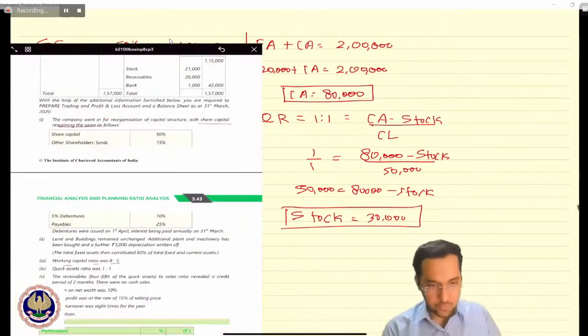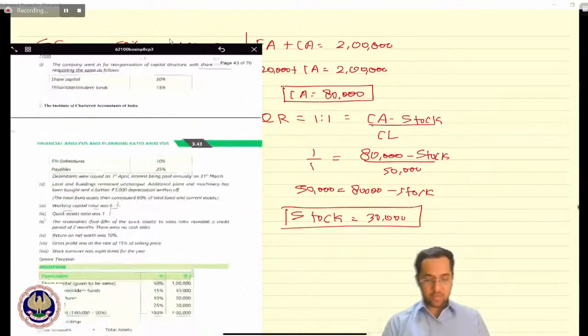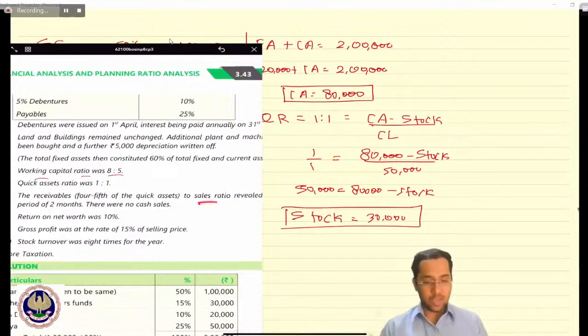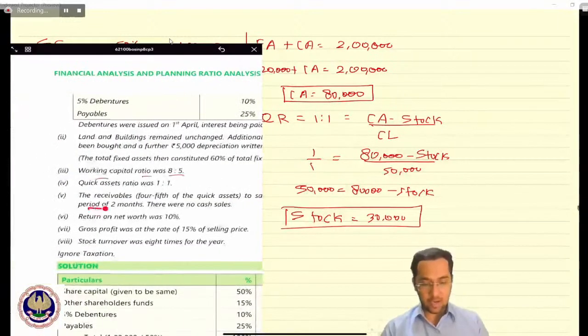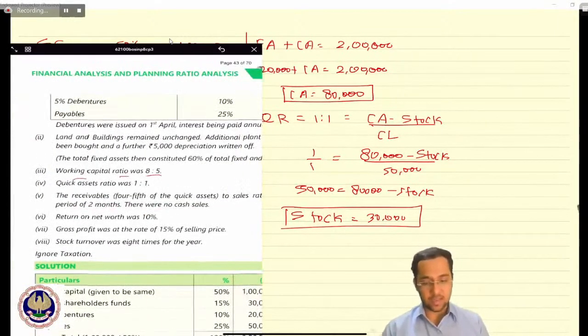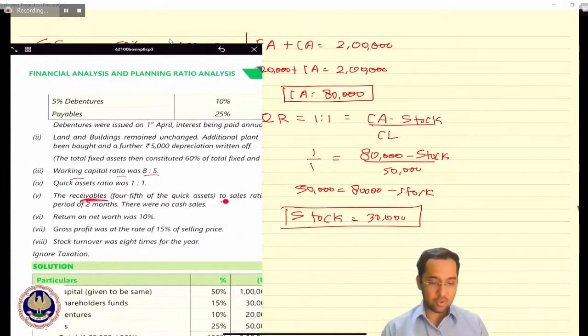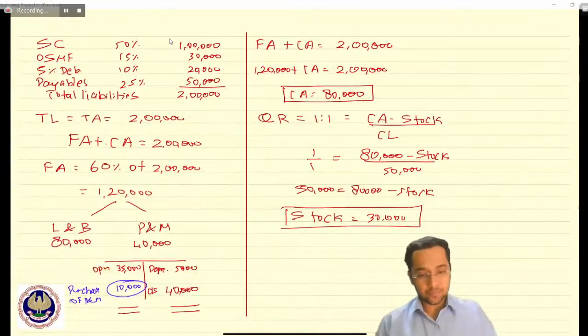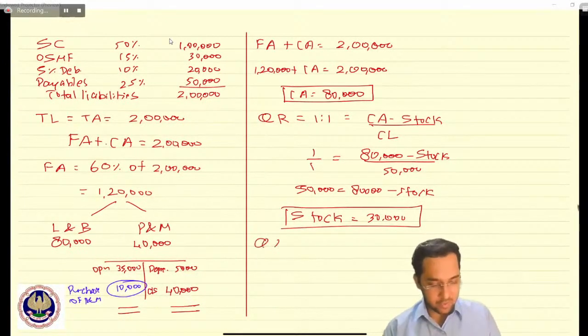Let's use another ratio. Next ratio is receivables. So they say receivables, which is 4/5 of quick assets, to sales ratio revealed a credit period of 2 months. There was no cash sales. So receivables are 4/5 of quick assets. So what is our quick asset?